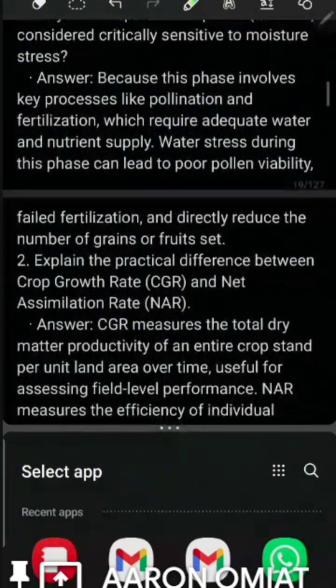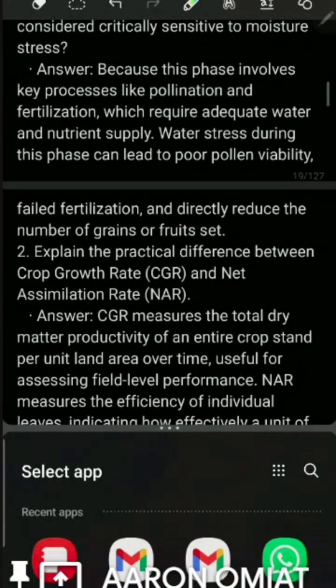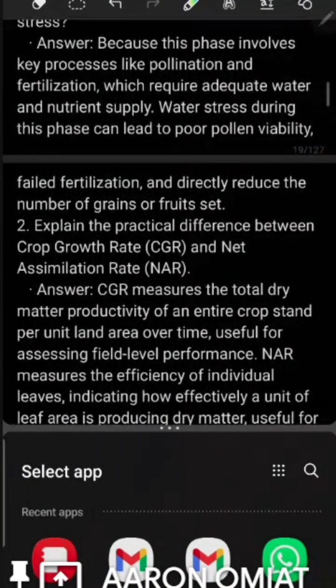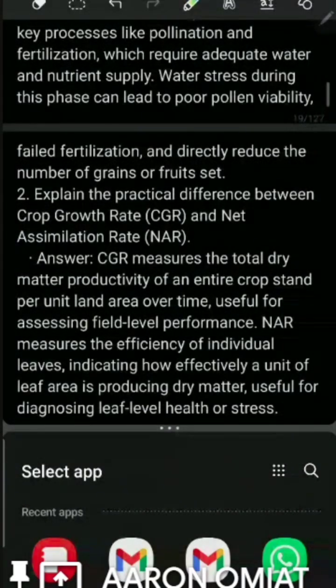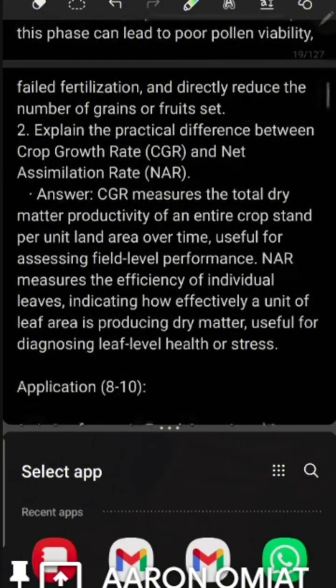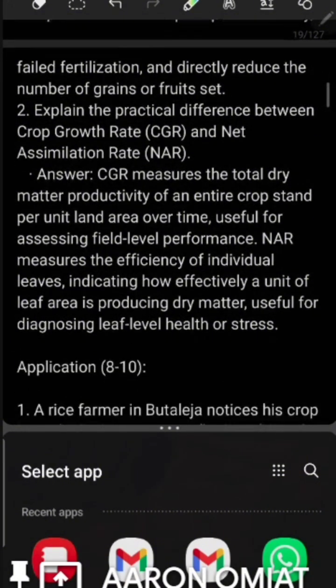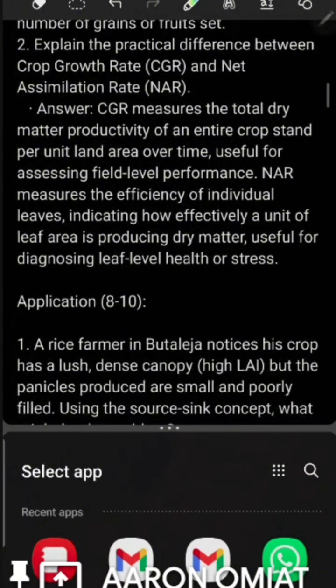All right. CGR measures the short time productivity of an entire crop stand per unit land area over time. It's useful for assessing field level performance, while the net assimilation rate measures the efficiency of individual leaves, indicating how effectively a unit of leaf area is producing matter. This is useful for diagnosing leaf level health or stress.